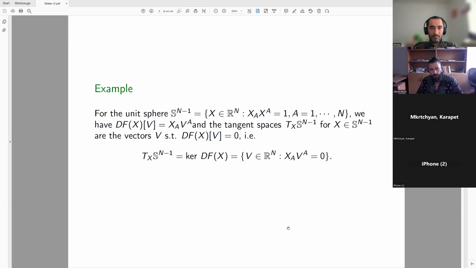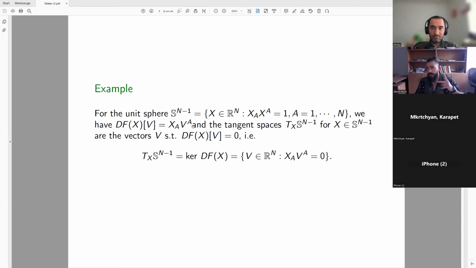You can do it a little bit more complicated, of course. You can take the unit sphere. Now, for the unit sphere, the differential of the map that I gave you before, x1 squared plus x2 squared, is just x_a v^a. And the tangent spaces are all vectors v such that this is equal to 0.